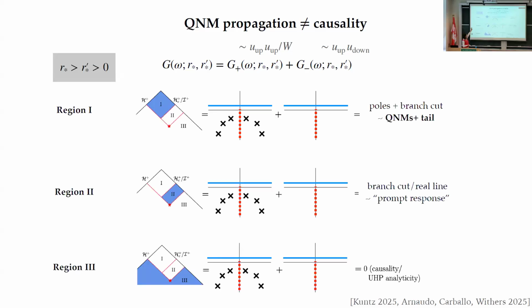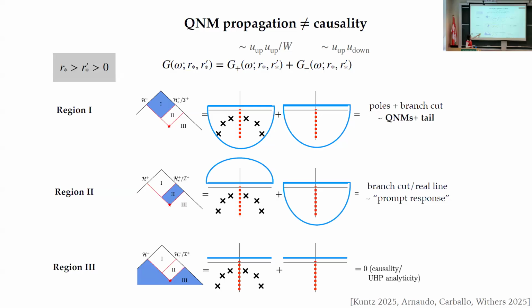And you can split the space-time in different regions, and in these different regions you find different convergence conditions, and therefore you need to close the contour in different ways. So what we were talking about previously was this QNM region, where you can actually close the contour for both pieces of the Green's function in the lower plane.